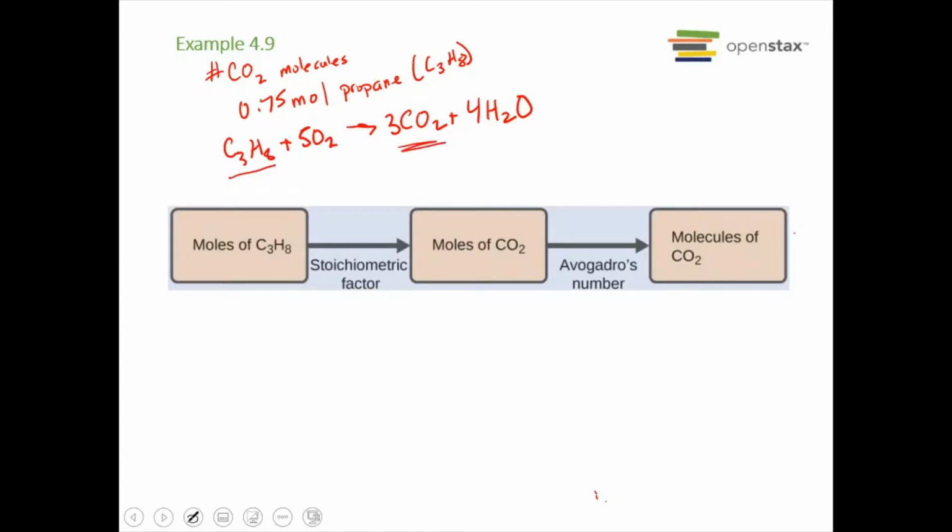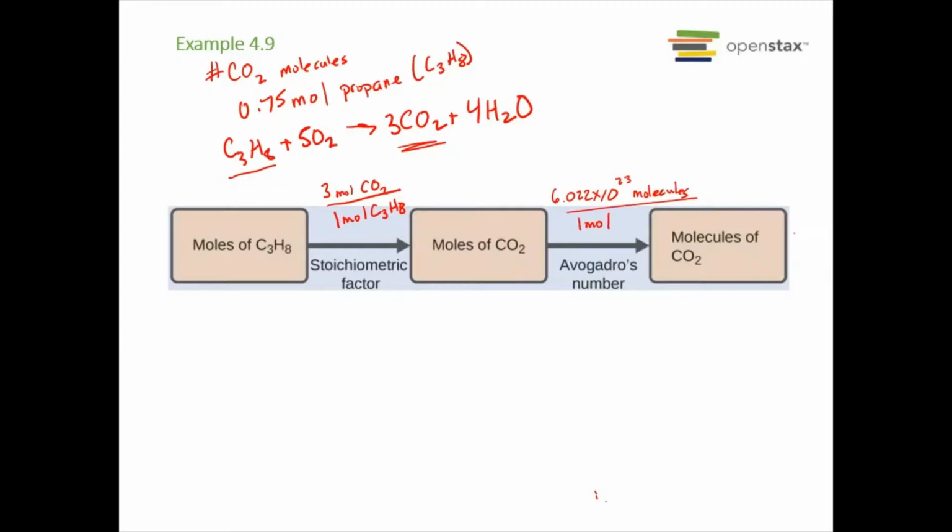From using the stoichiometric factor, we see that there are 3 moles of CO2 for every 1 mole of propane. And then we can go from moles to molecules using our good old friend Avogadro's number. And there's 6.022 times 10 to the 23rd molecules for every 1 mole.